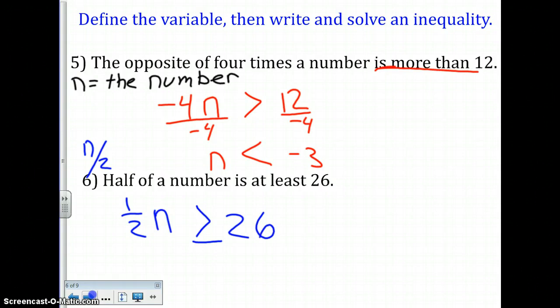And again, if we look on page 296, they'll show us this phrase and which way to go. So 1/2 n is greater than or equal to 26. In this case, I'm not working with a negative before our variable, so I can simply multiply by 2, multiply by 2. We get n is greater than or equal to 52.